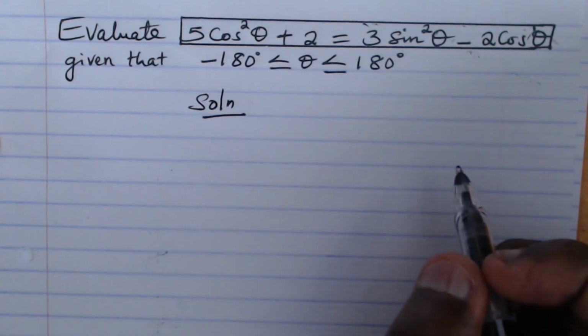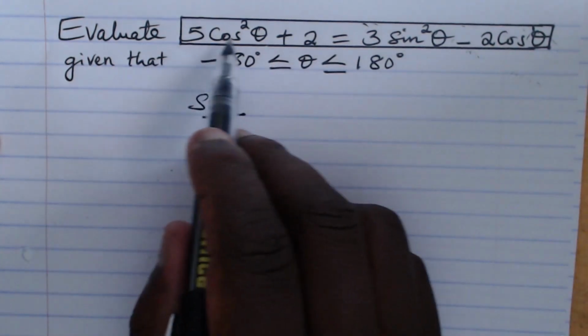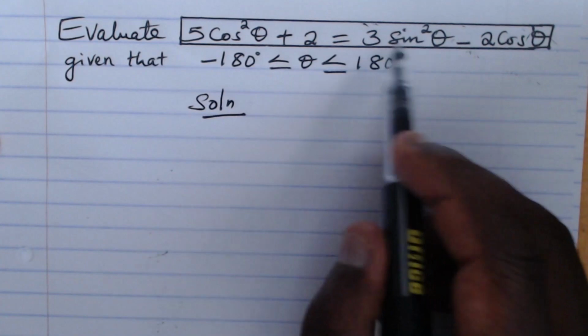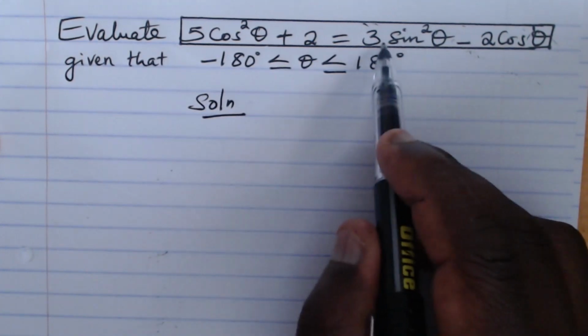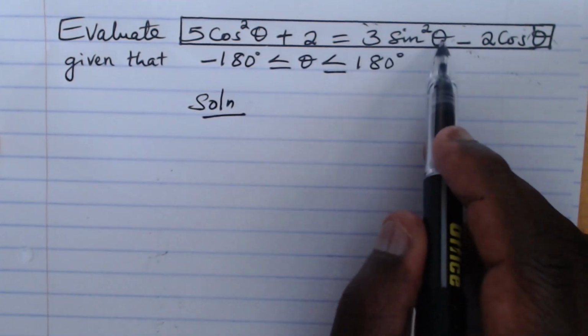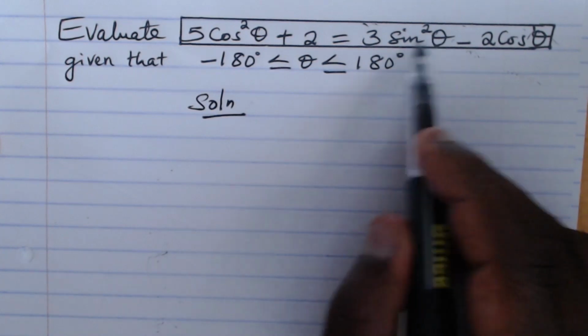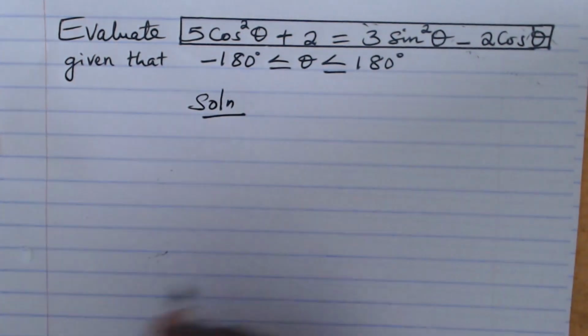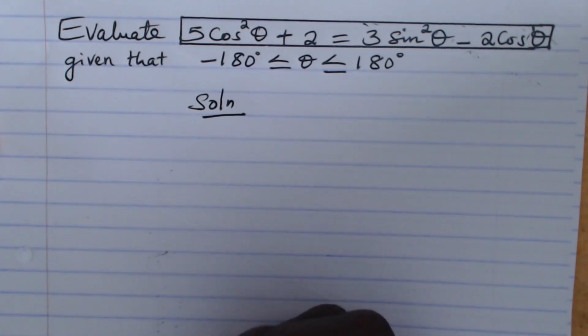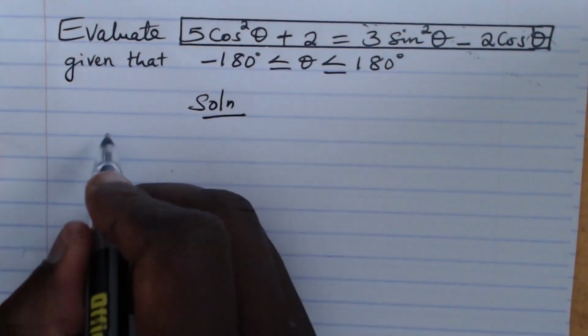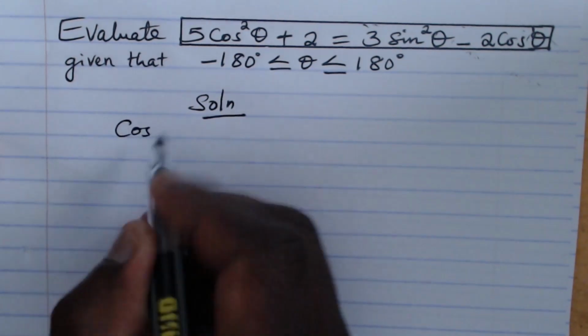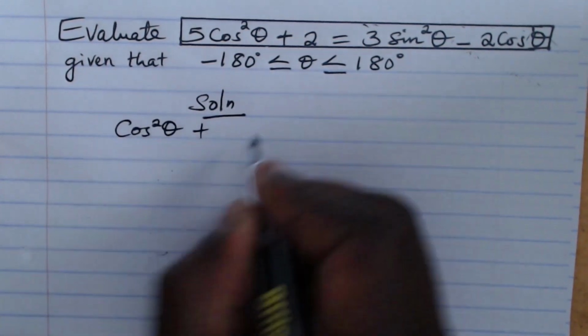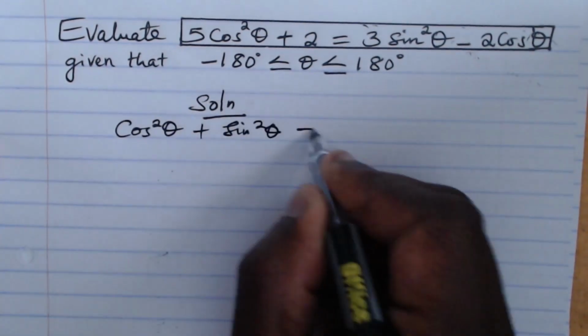And how do I do that? Here we have 5 cosine squared, that is okay. The only place I need to do something is here, 3 sine squared theta. I have to make this one cosine. I will use an identity that you all know: cosine squared theta plus sine squared theta is equal to 1.